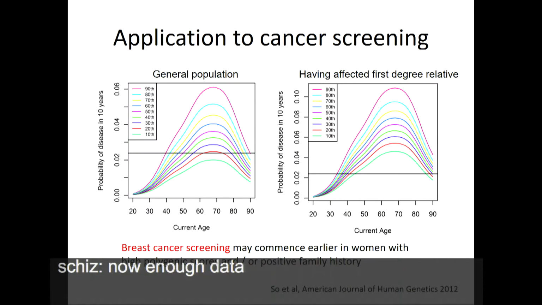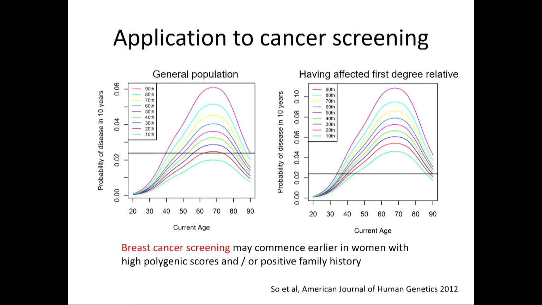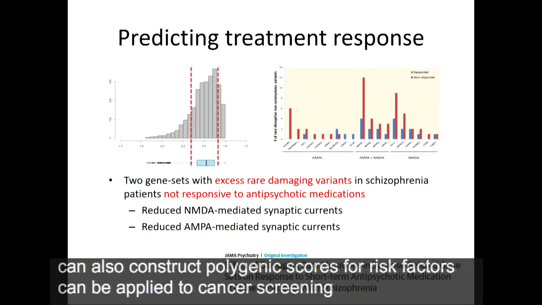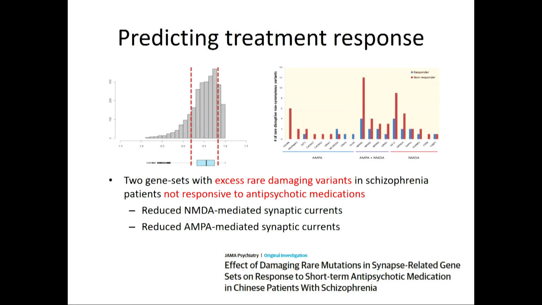And it can be applied, say, to cancer screening, because someone with a high polygenic score may reach the risk level which is recommended for the commencement of screening at an earlier age compared to someone whose polygenic risk score is lower, perhaps needing regular monitoring somewhat later. And the polygenic score can be combined also with family history.